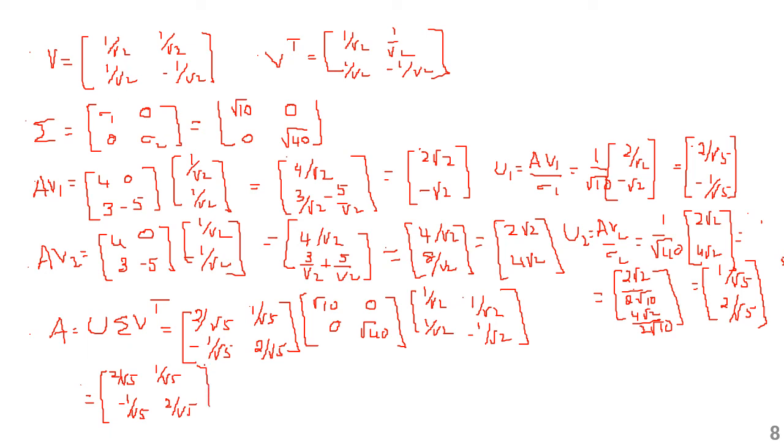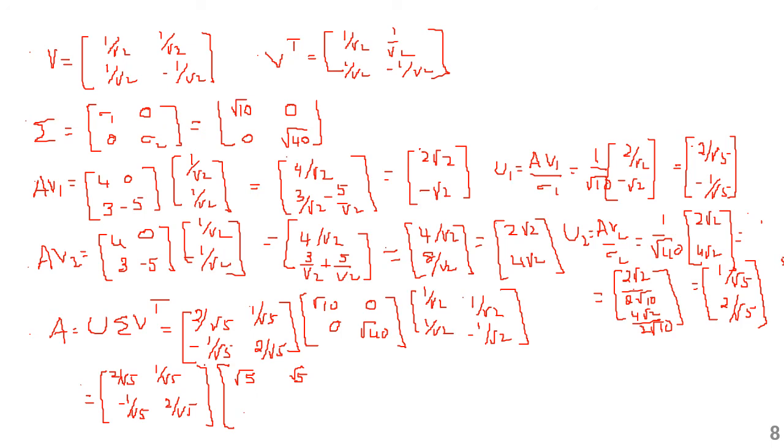This will give you root 10 by root 2, so it is root 2 into root 5. So you get root 5, and here you have once again root 5. Here in the denominator, it is root 40 by root 2.